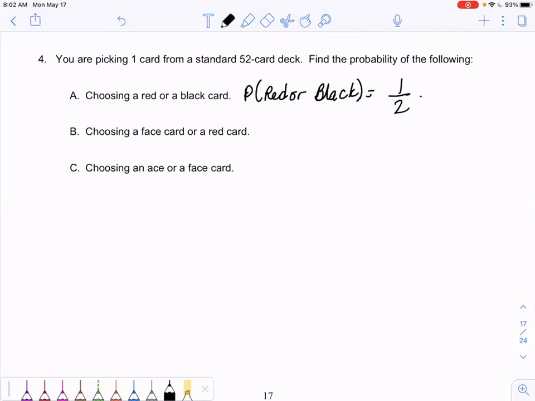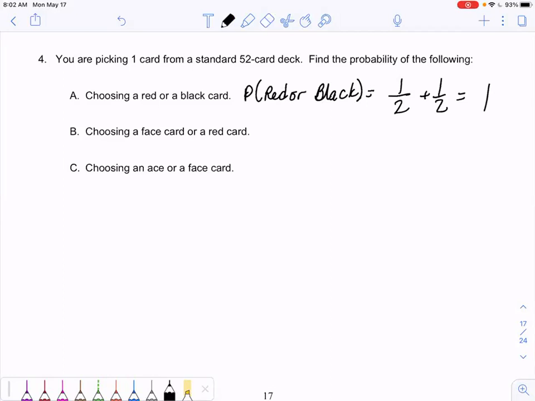Also half. What's the probability of getting a red or a black card? What's that? 1. Because there aren't any other colors. You either have red cards or you have black cards when you have a deck of cards. So the probability of getting a red card or a black card is just 1.